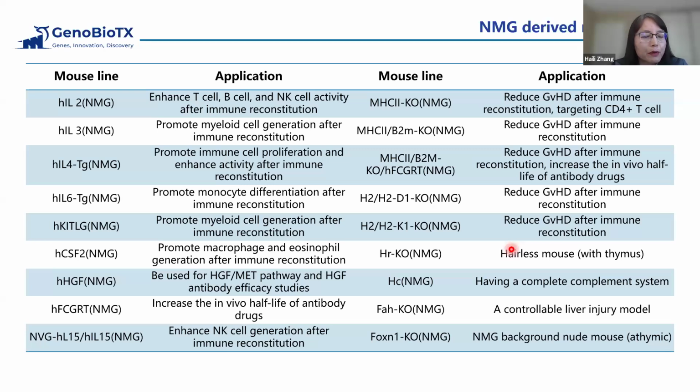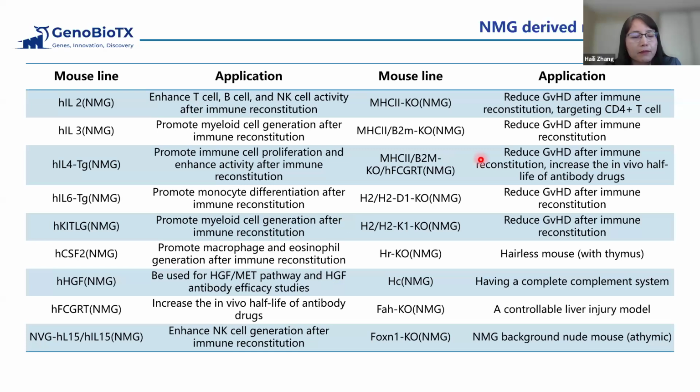Here, this table presents various NMG-derived mouse lines developed by Smoke. This includes human gene knock-in models such as IL-2, IL-3, which enhance immune cell generation, proliferation, and differentiation following immune reconstitution.